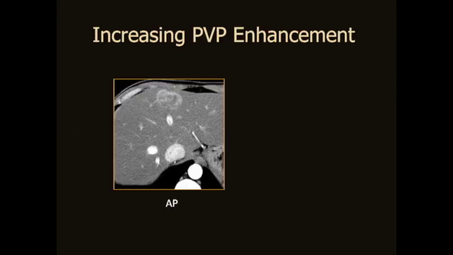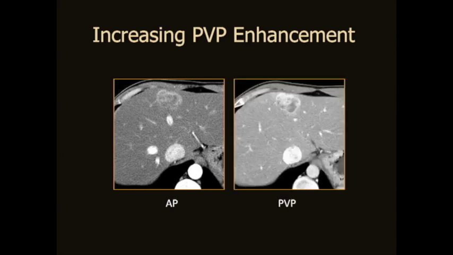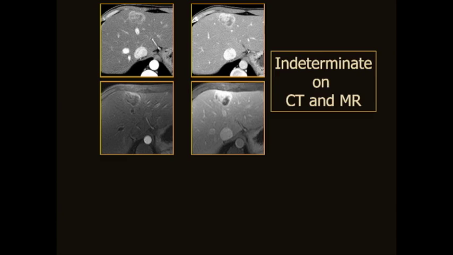So let's look at such a patient. This is a young man who has a mass in his liver, which is heterogeneous and enhancing in the arterial phase on CT, with increased enhancement in the portal venous phase, indeterminate result. So this patient goes on to have MR scan, which shows the same observations, so an indeterminate CT and MR scan.